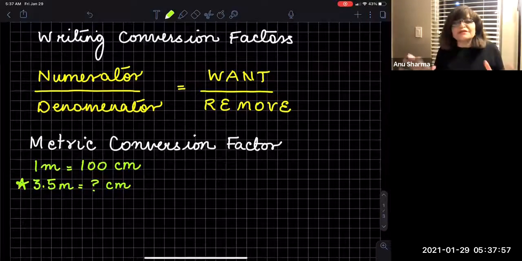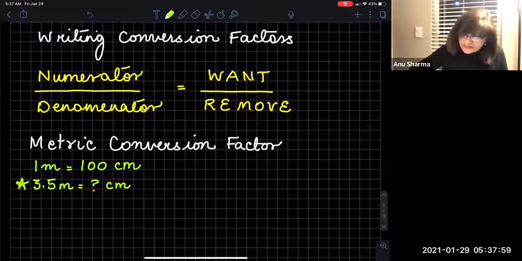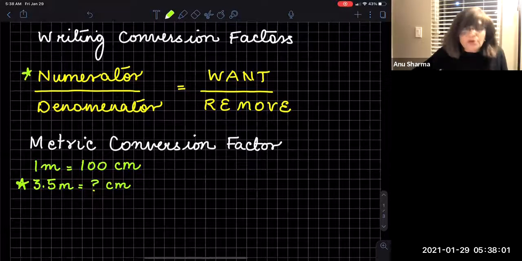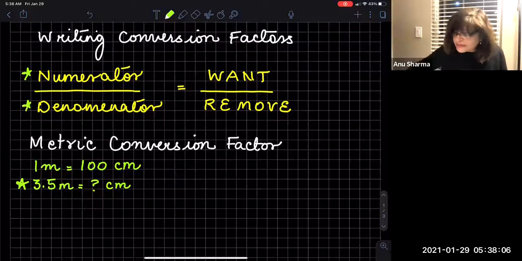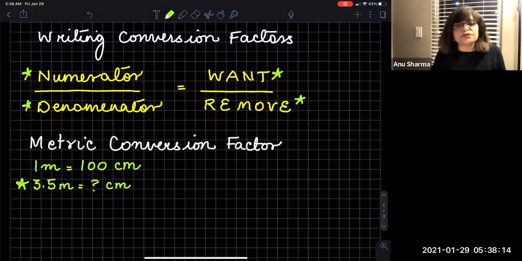So the way we set up the conversion factors is the number that is written on the top is the numerator, the number that's written at the bottom is the denominator. The unit in the numerator is the unit that you want, and the unit that is in the denominator is the unit that is going to be canceled out or removed.